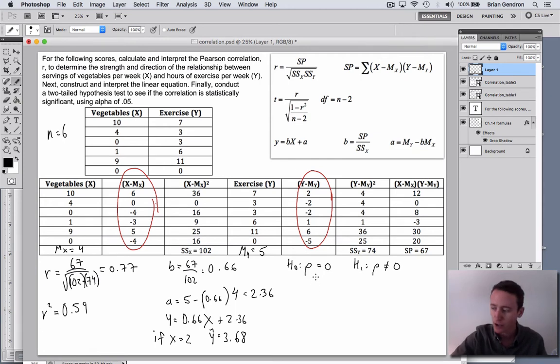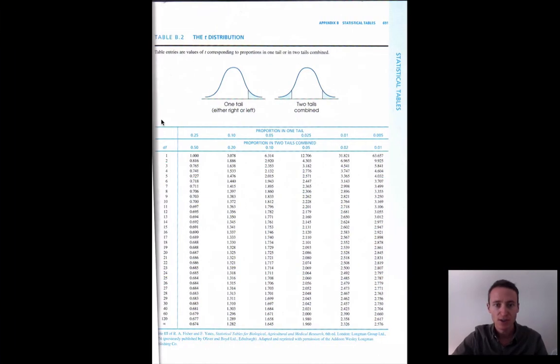So let's go ahead and find that critical value first. And what we need is our degrees of freedom. So with this correlational analysis, degrees of freedom is n minus 2, since you need at least 2 data points in order to describe a linear relationship. Anyway, 6 people in our study, degrees of freedom is 6 minus 2, which is 4. And we're using an alpha of 0.05, 2 tails. So let's find that on our table.